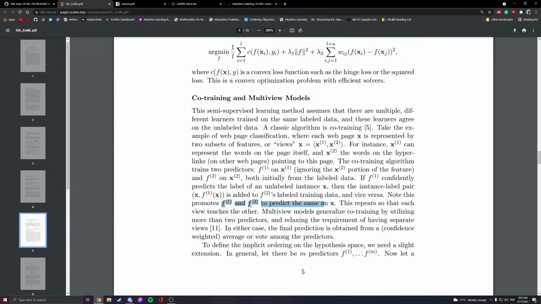This promotes both of them to predict the same x. It repeats so that they teach each other. Multiview models can be generalized to use more than two predictors.